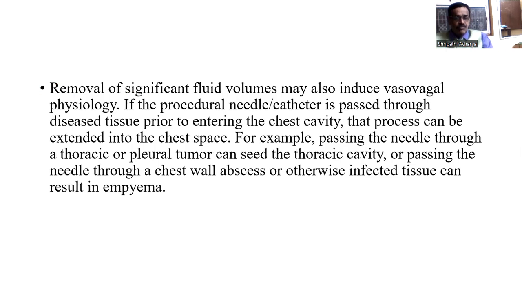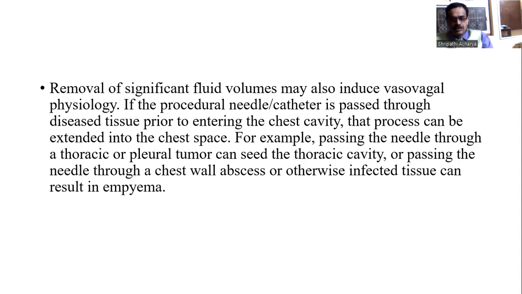Removal of significant fluid volumes may also induce a vasovagal response. If the procedural needle catheter is passed through diseased tissue prior to entering the chest cavity, that process can be extended into the chest space.